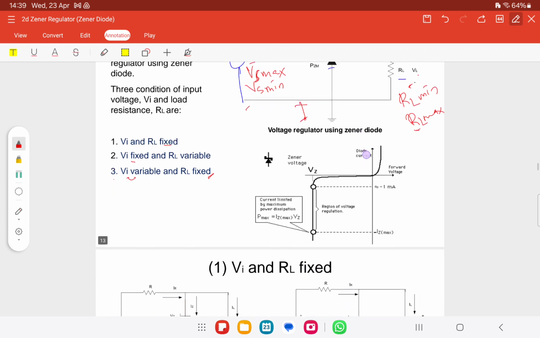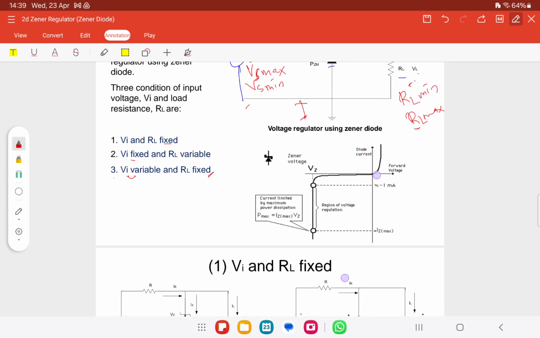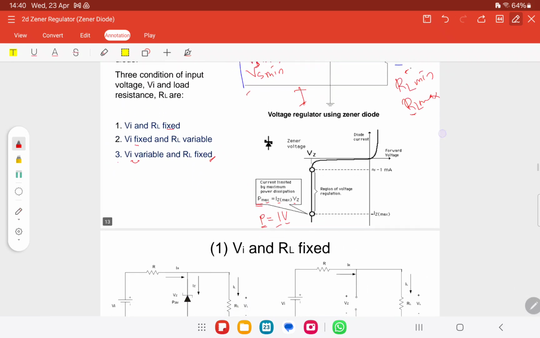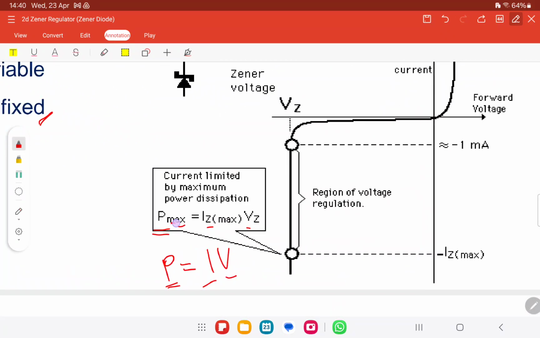We can also relate with power, using the formula P equals IV. Normally there are questions where the value of the power is given, so you can use it to get either I or V, depending on the question. If P max is given, the I is I max. If P min is given, the I is I min.